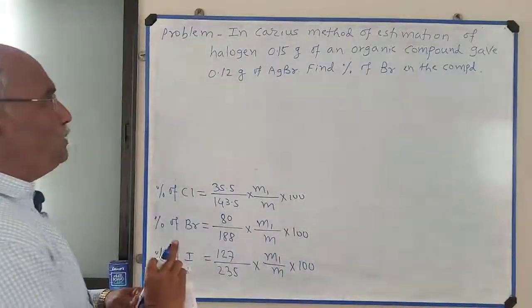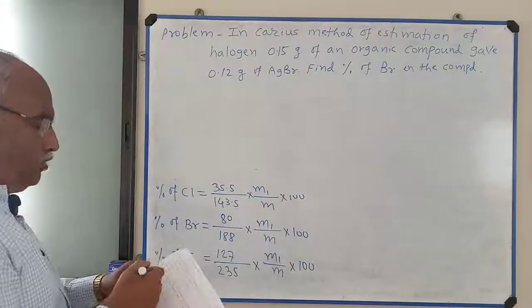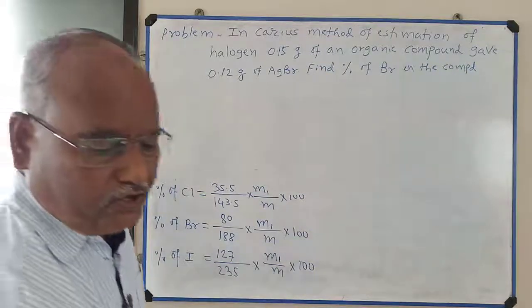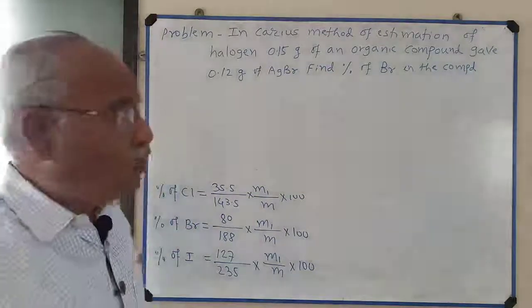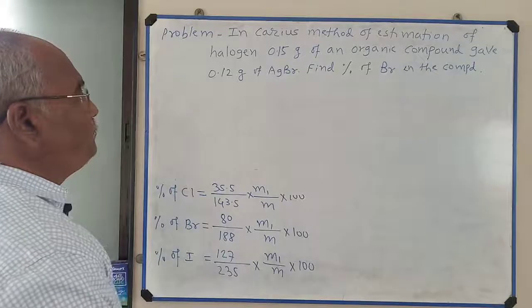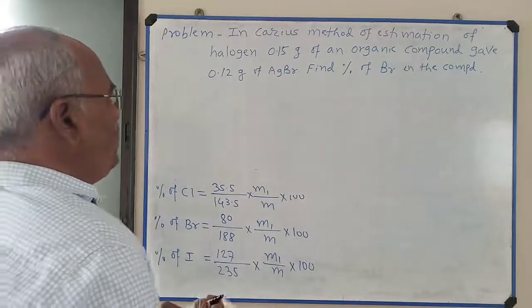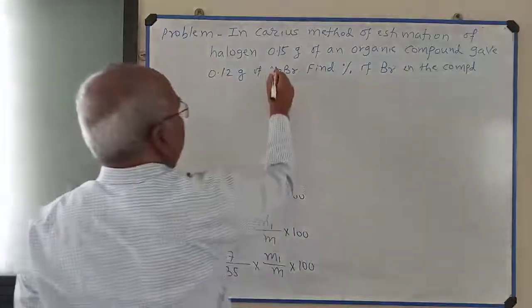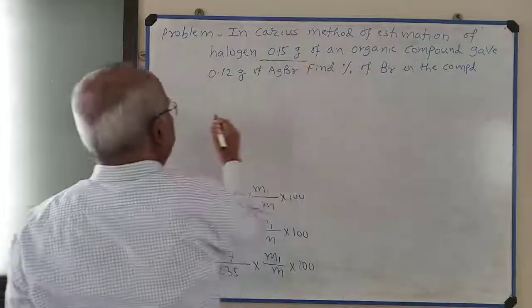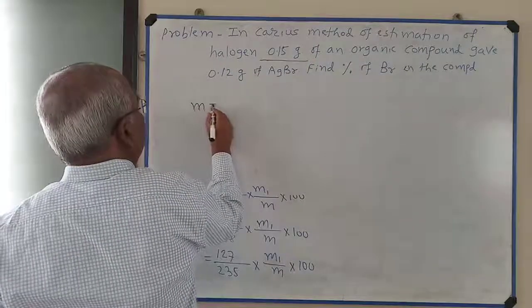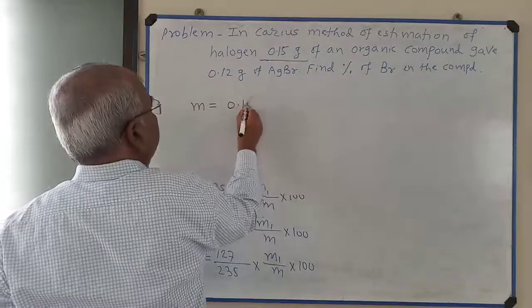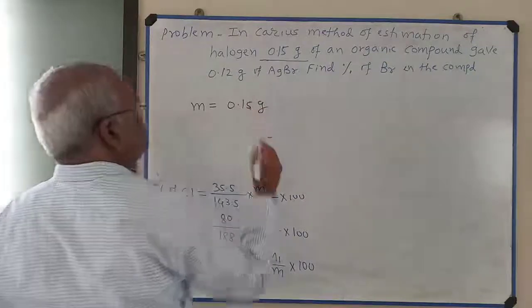So it is a very simple problem. The formulae I have written here. Read the problem carefully. 0.15 gram of organic compound, that means m is equal to 0.15 gram.